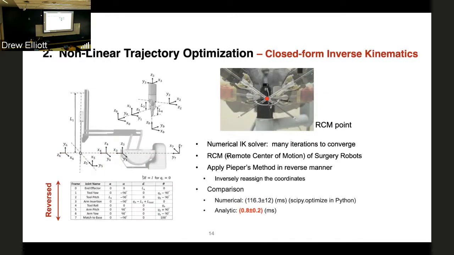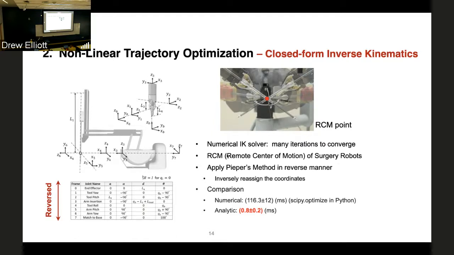The other aspect that was novel here is that he looked into the trajectory optimization, the kinematics, or the IK. There was a numerical IK solver built into the DVRK, and I think Peter and Greg are to be thanked, which has worked really well.